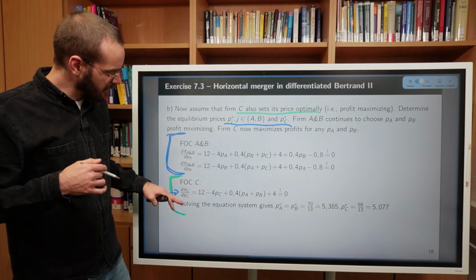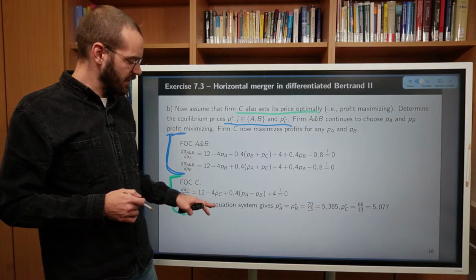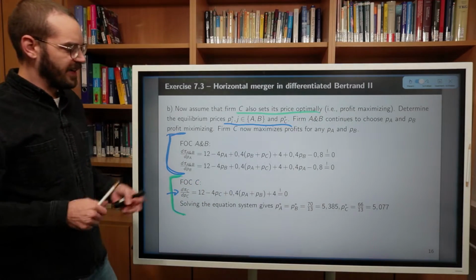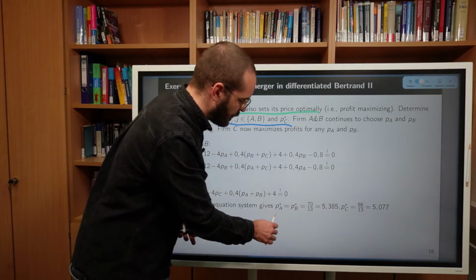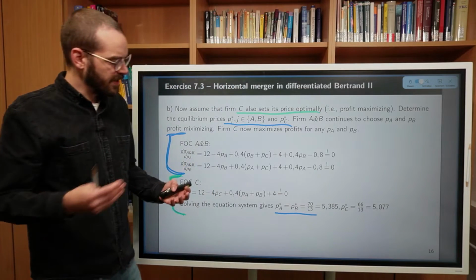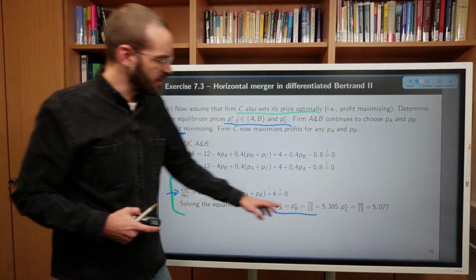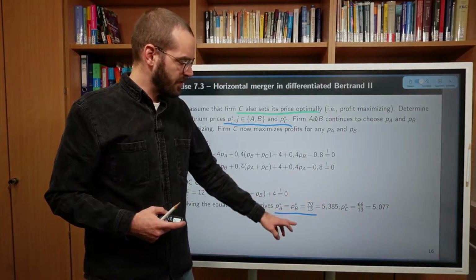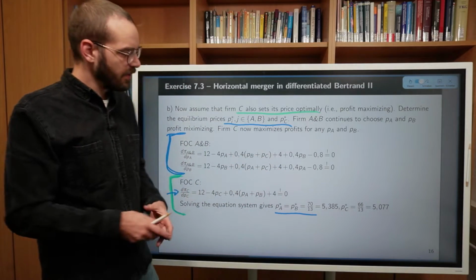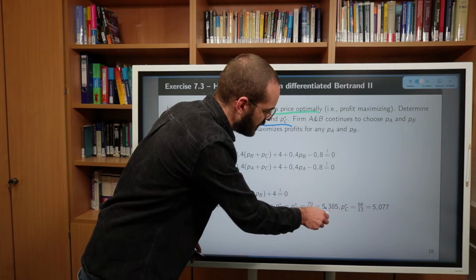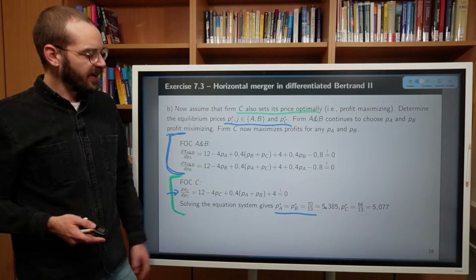And if you continue solving this equation system, you will find out that the prices PA and PB equal 70/13, or as a decimal 5.385.